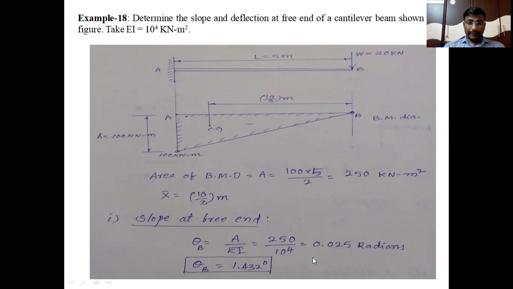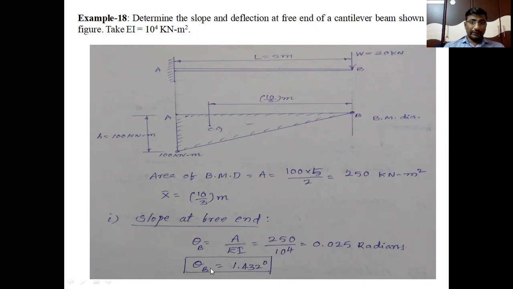How to convert the radians into degrees? If you multiply the radians with 180 and divide by pi, we can get the slope in degrees. Theta B equal to 1.432 degrees. Okay.